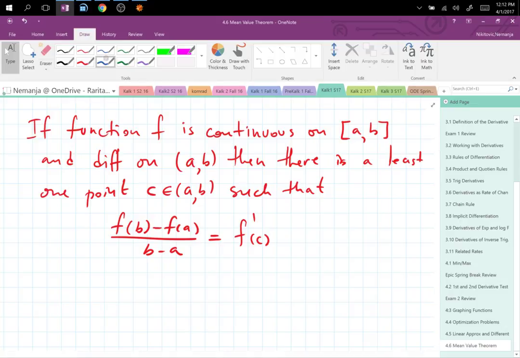In a nutshell, what this says is that the slope of the secant line is the same as the slope of the tangent line at that value c.